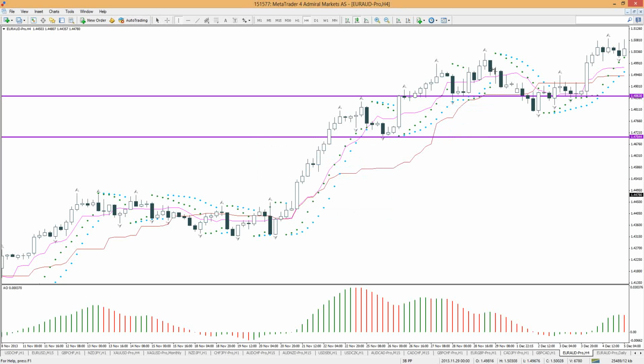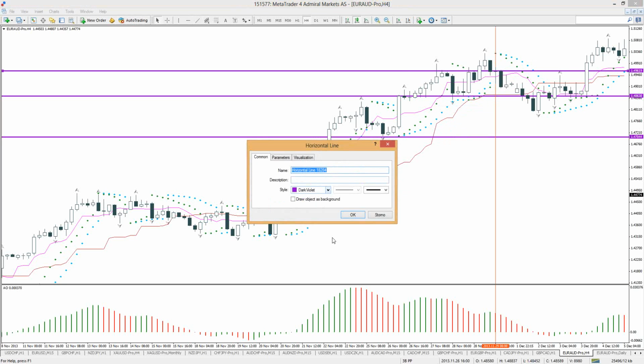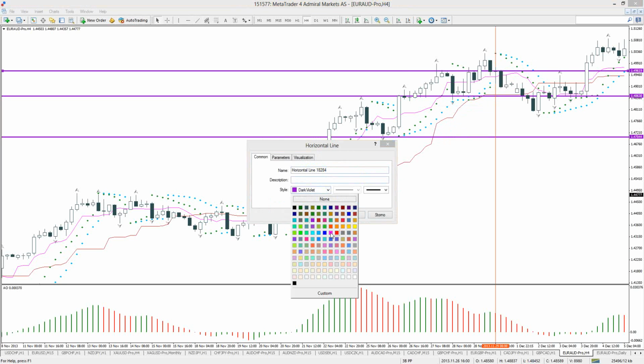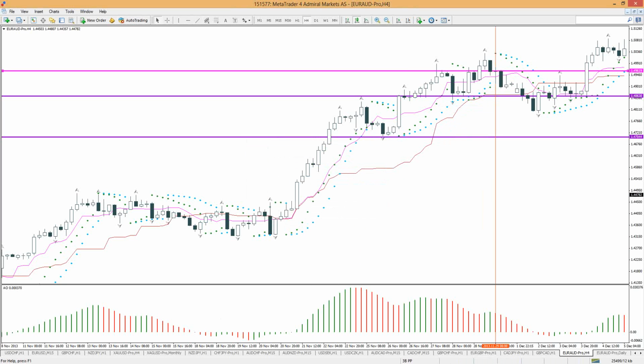I'll put a line there, right there. That's the exit. Price hits it. Not only that, but the parabolic goes to the opposite side. That's what we're waiting for. So when that happens, an immediate exit upon the close of that candle happens right there. All right, so that would be the exit at, let me make it magenta. That's the first potential exit.